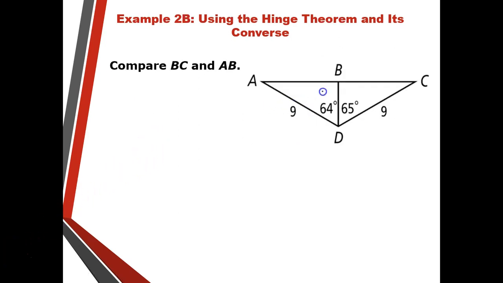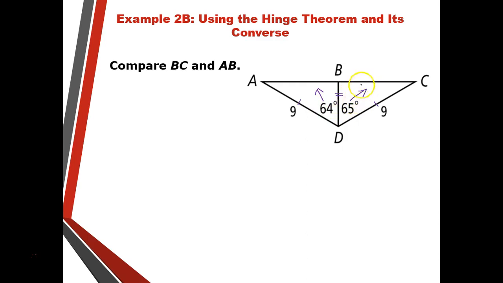Just like the last example, let's look at this one. Again, using the hinge theorem, this side and this side are congruent. We are sharing a common side again. And 46 degrees, that angle is opposite of side AB. Sorry, I said 46, I meant 64.